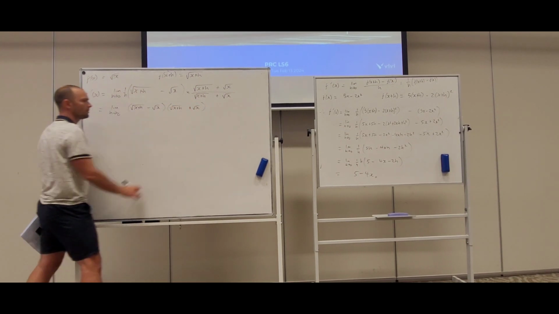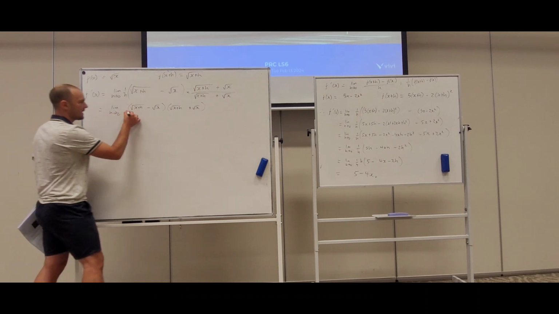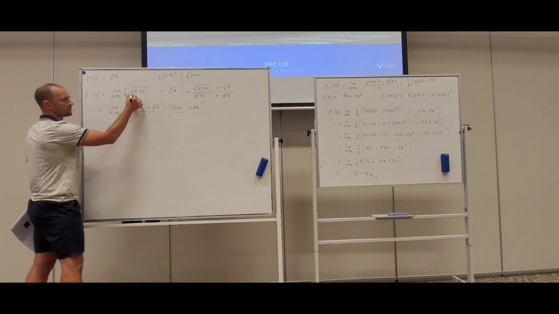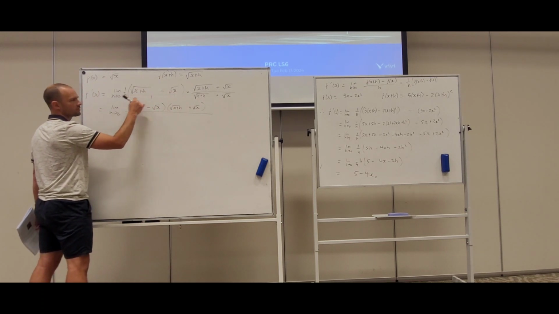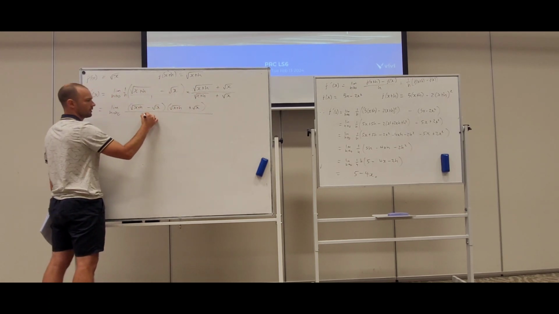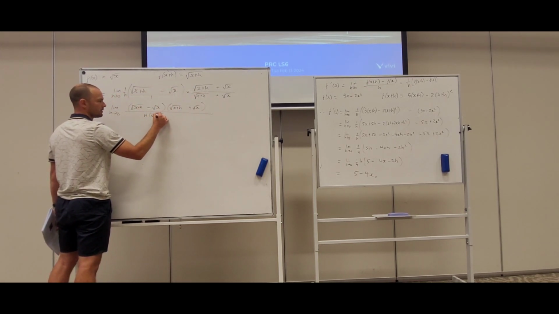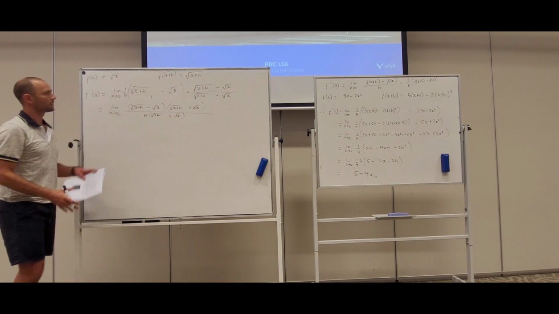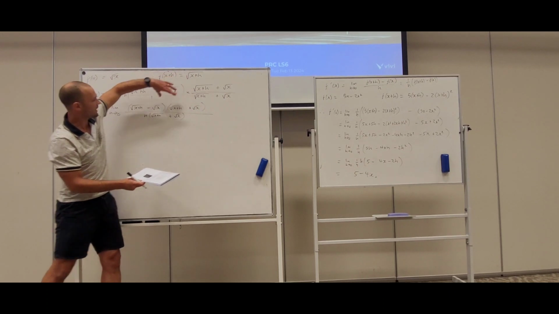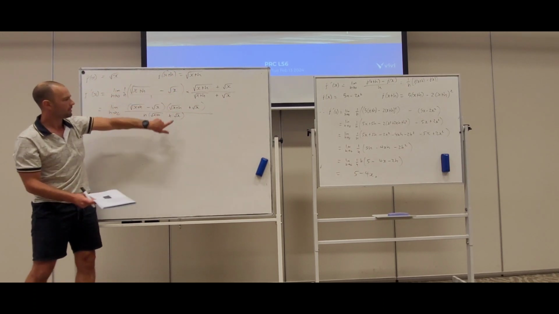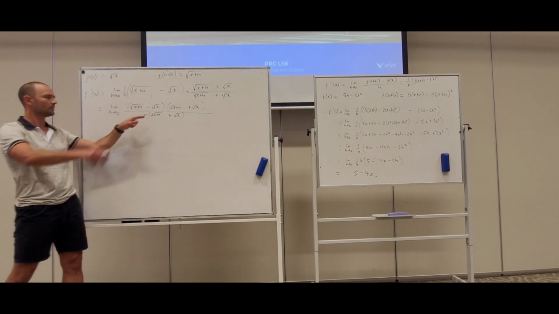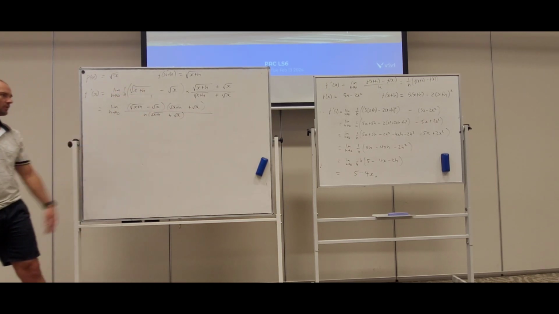That's what I have at the top. And at the bottom, we've got h, and the denominator of this whole thing is 1, so h times 1 times that part. So we've got h times the square root of x plus h plus the square root of x. So we're just collecting the top, that's the top, collecting the bottom, that's the bottom. This is where we do have to have it as a fraction, because we do have a denominator that's not just h.